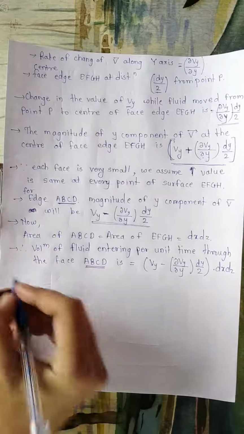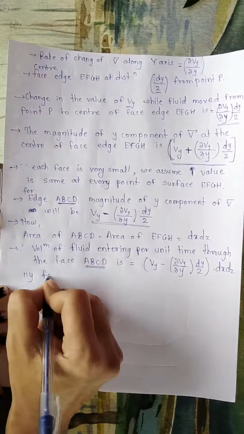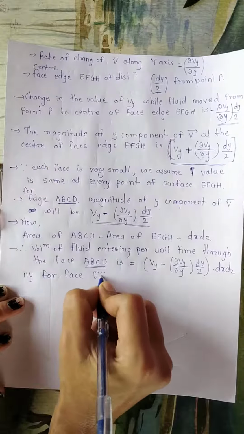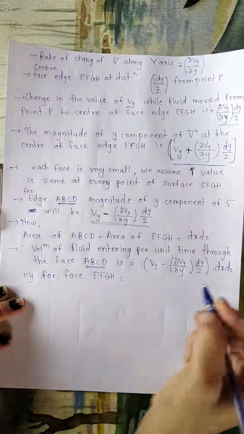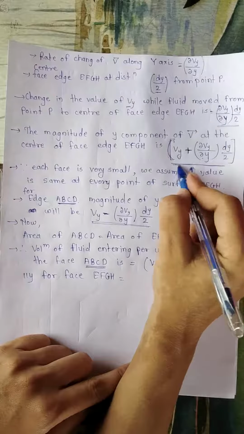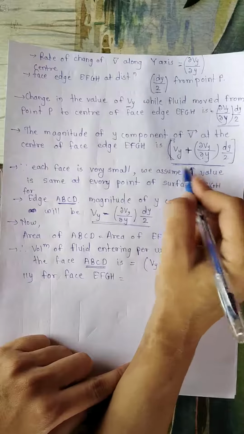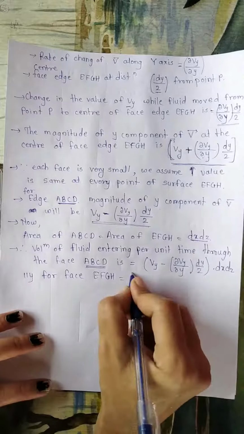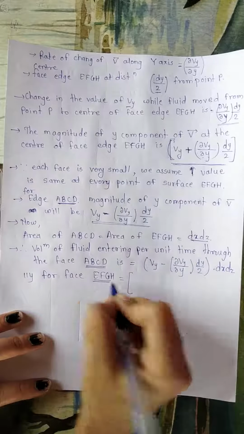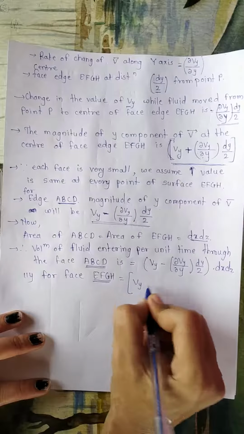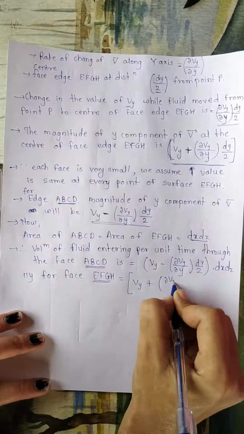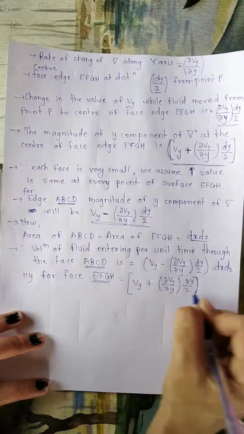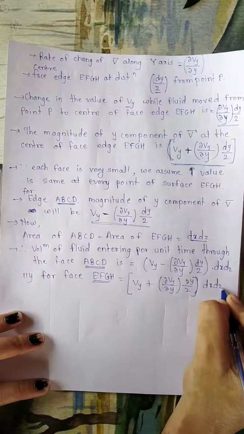And similarly for face EFGH, it will be this magnitude into the area, which is again dx into dz. That is, for the second face EFGH, it will be Vy plus dou Vy upon dou y into dy by 2, times dx into dz, that is the area.